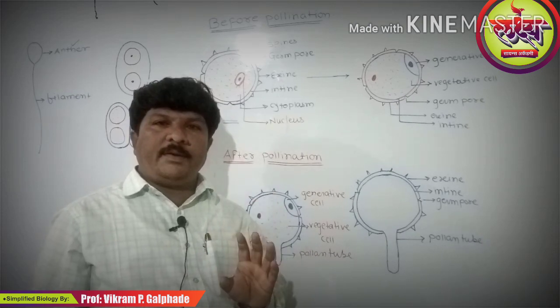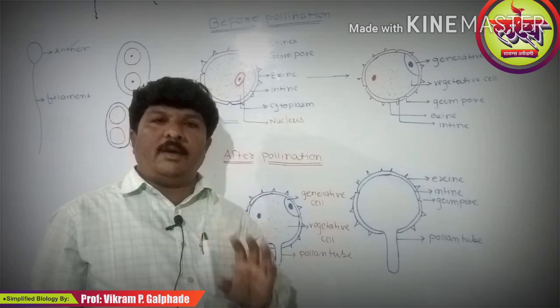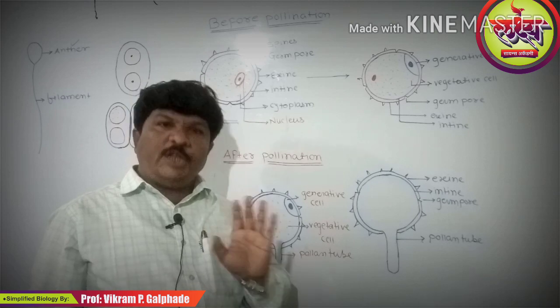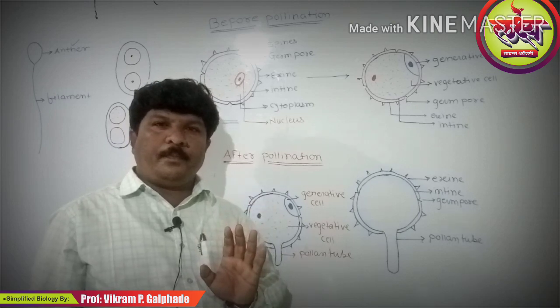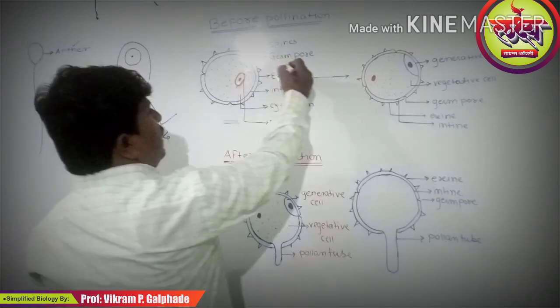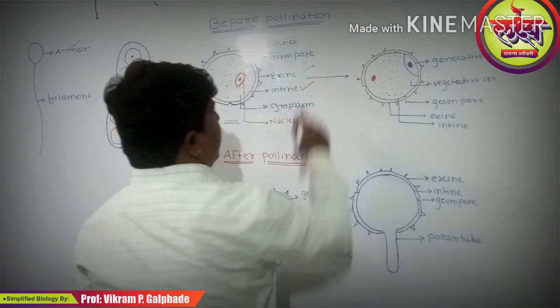They are light in weight, sticky, and look like dust particles. Each pollen grain has two layers. The uppermost layer is called exine, and the inner layer is called intine.